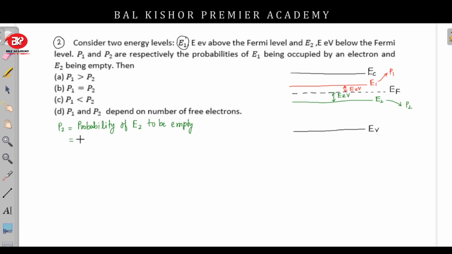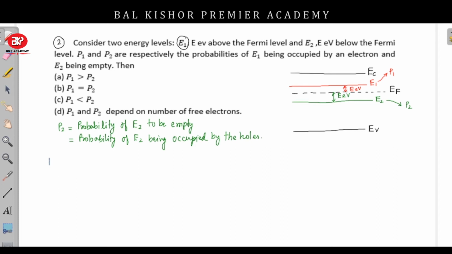Empty रहने का मतलब है कि probability of E2 being occupied by the holes. होल्स के द्वारा ऑक्यूपाई होने का चांस और एम्प्टी रहने का चांस सेम होता है. So ये दोनों में रिलेशन क्या होगा? So let us take that. So let us find the P1 first.